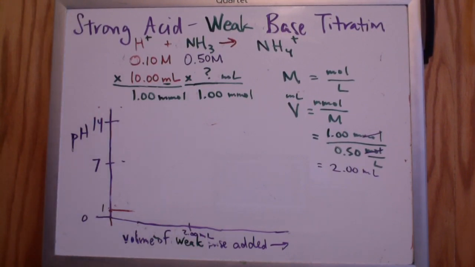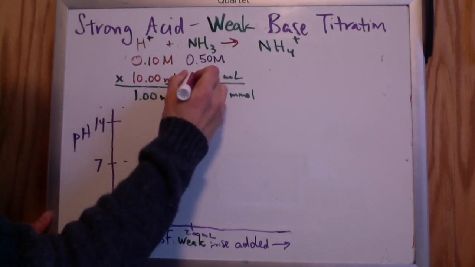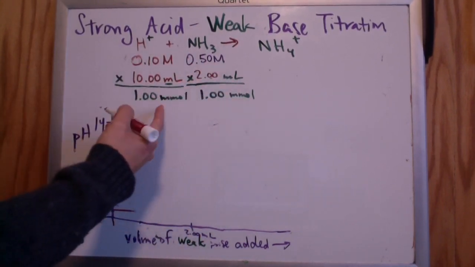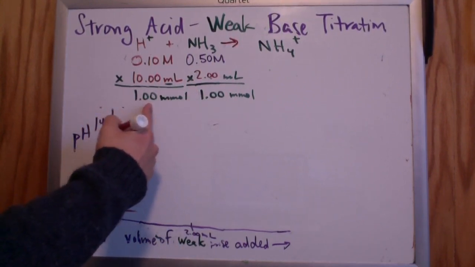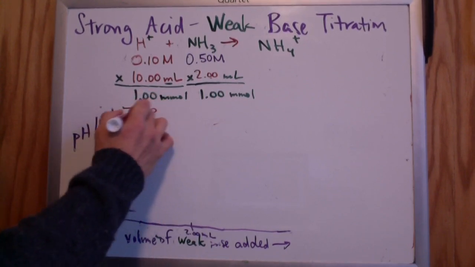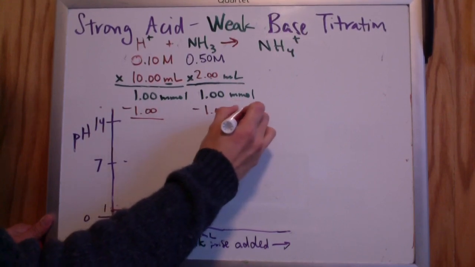All right, so now let's take a look. There's something slightly different here, so this will be important. Now that we've established that the volume needed is 2.00 milliliters, I'm going to put that in there. Now, with the stoichiometry, what's the limiting reactant? Both of them are equally used up. So minus 1.00 millimoles, minus 1.00 millimoles.